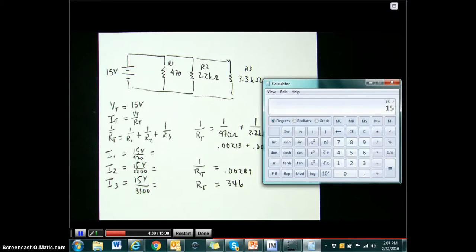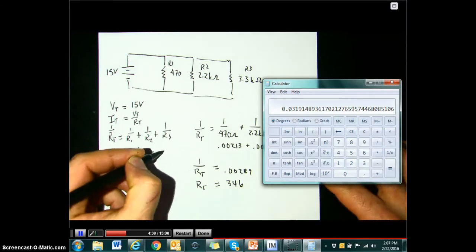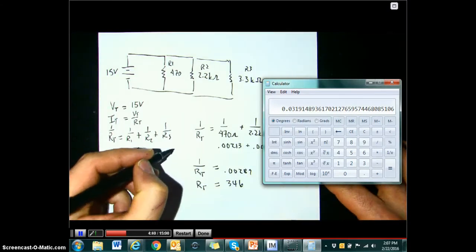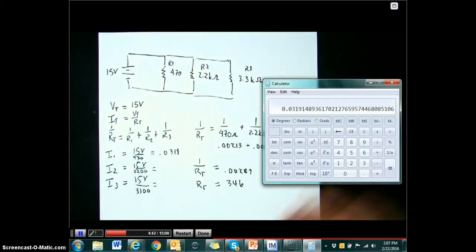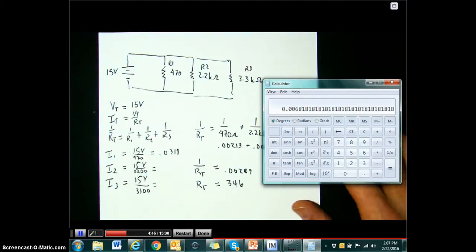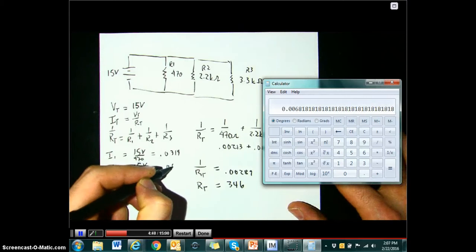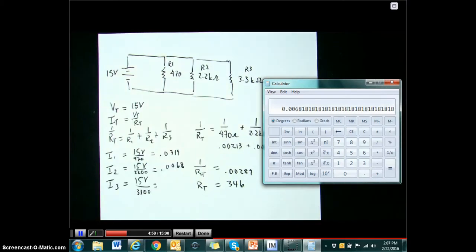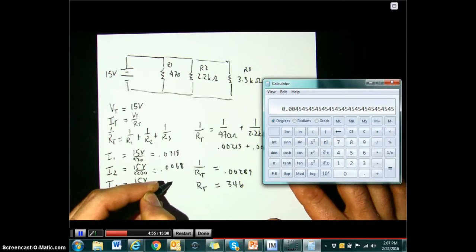So if we take 15 divided by 470, we get 0.0319. 15 divided by 2200, 0.0068. 15 divided by 3300, 0.0045.